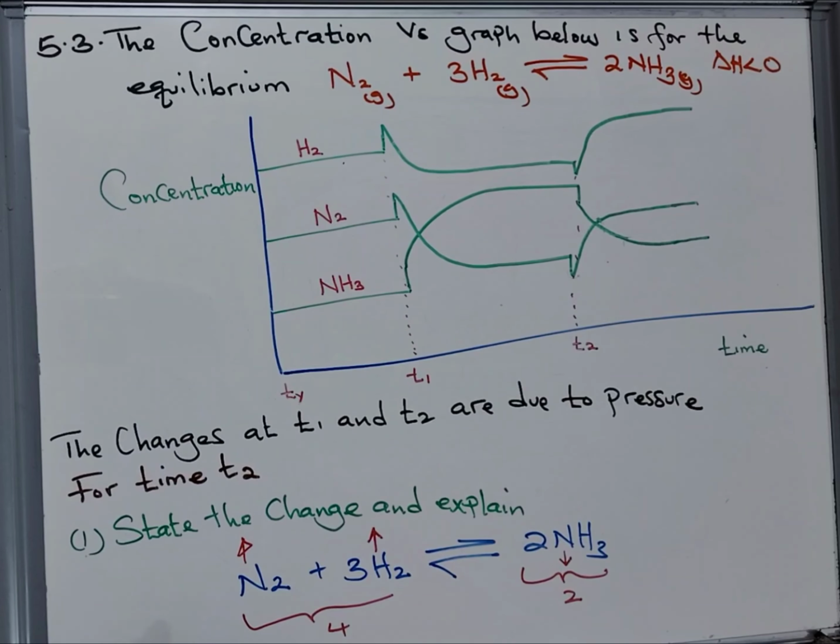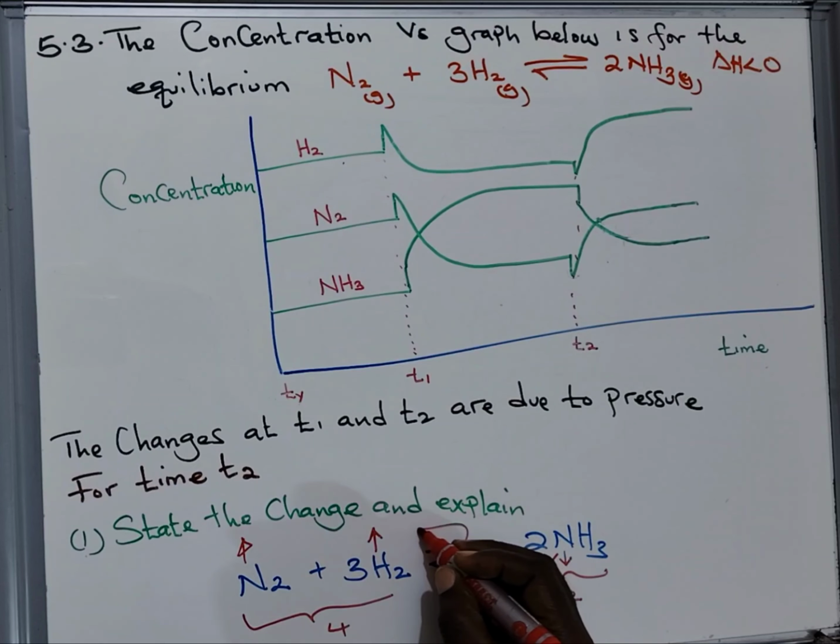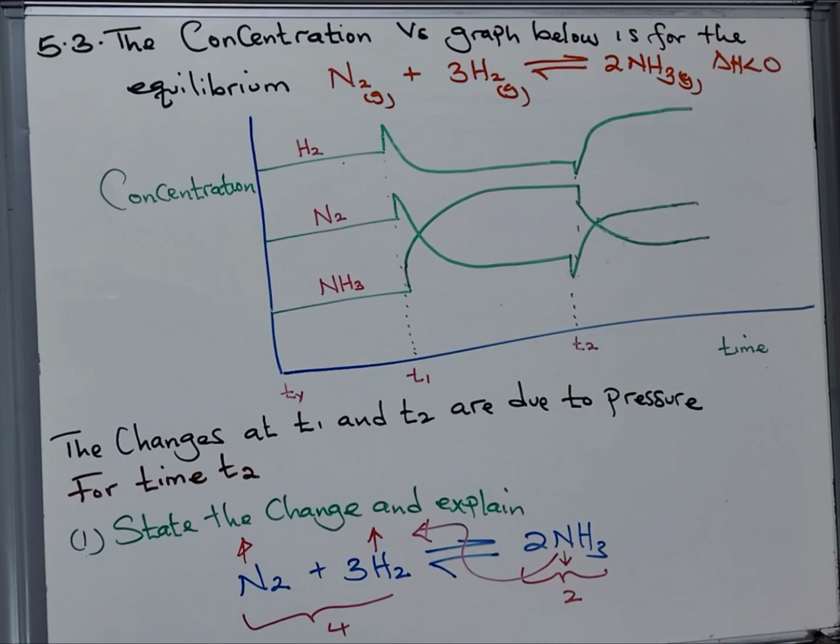So after indicating that, then you indicate the position. The position is from low to high, so it's reverse. So reverse is favored. And reverse is from low to high, from low number of moles to high number of moles, that is decrease in pressure.